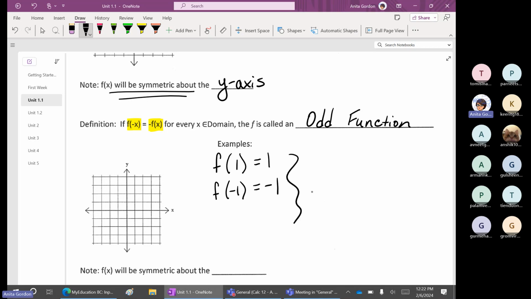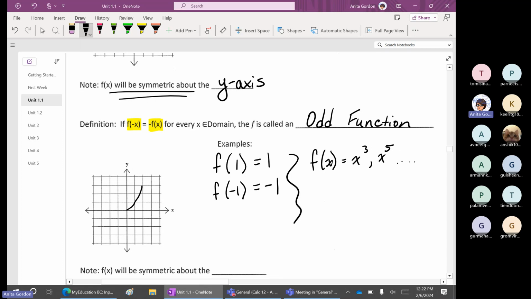An example of this is a cubic function or a quintic function or a, what's the 7? Heptic one, yes.